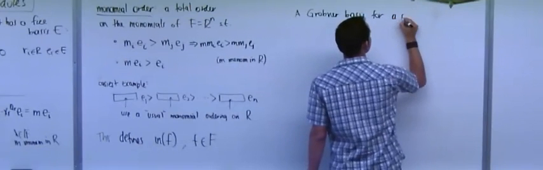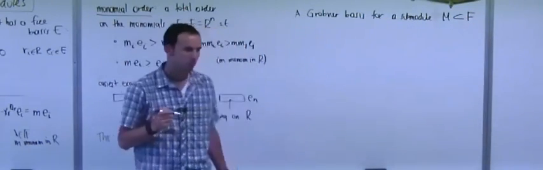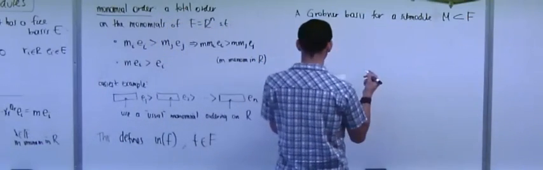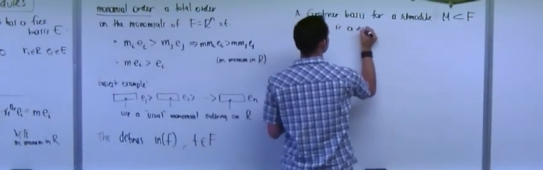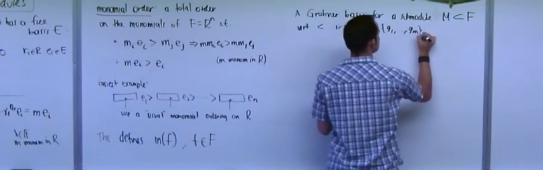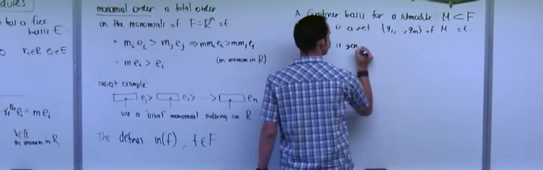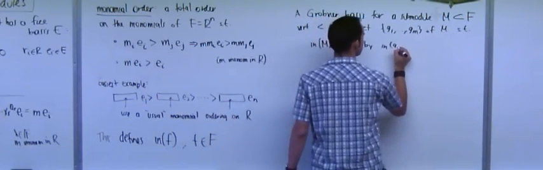So a Groebner basis for a submodule M of f, with respect to some order, is a set of polynomials G1 in M such that the initial module of M is generated by the initial terms of G1.